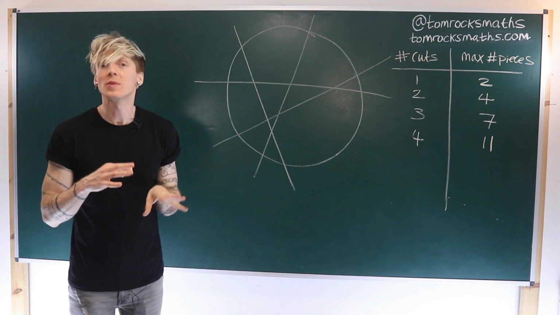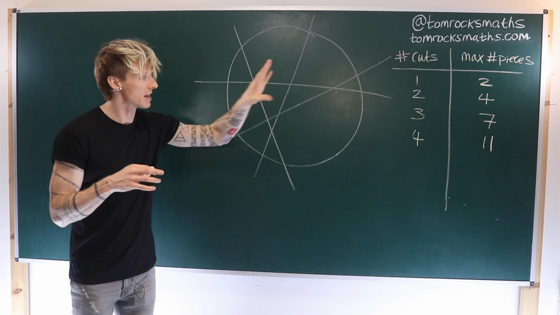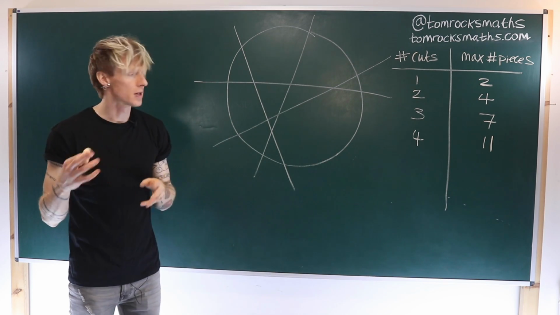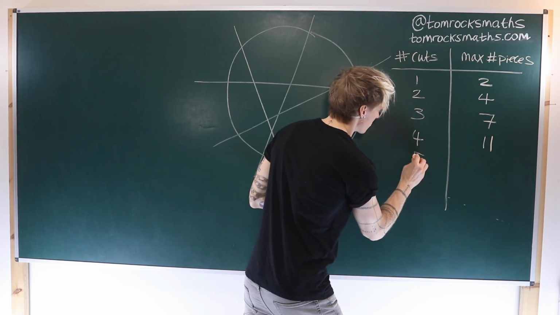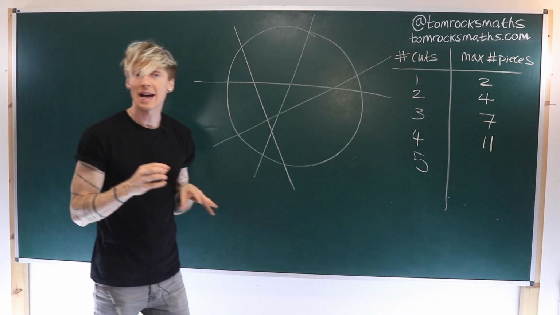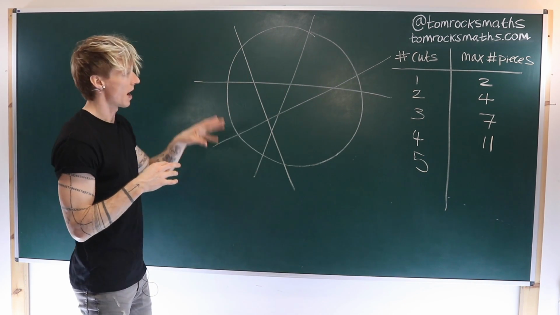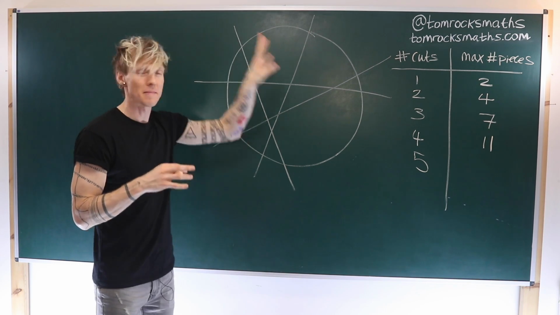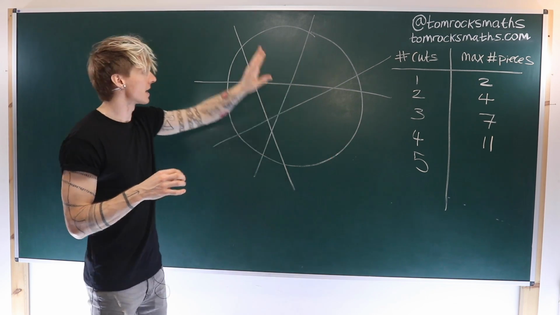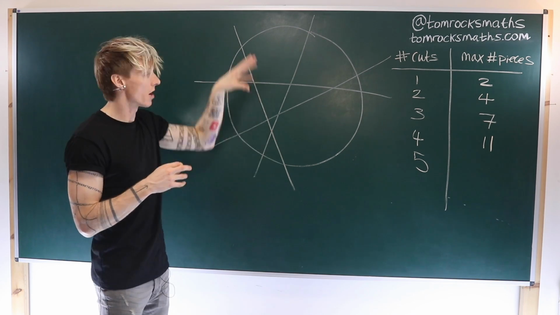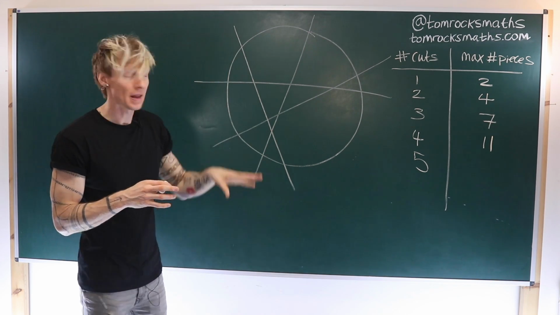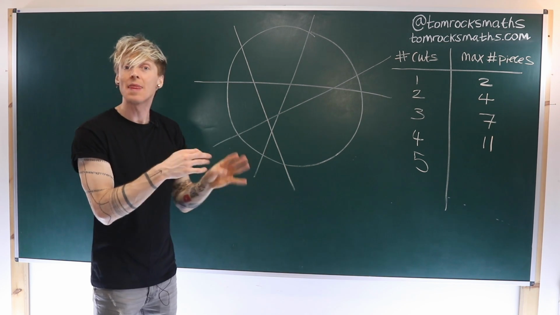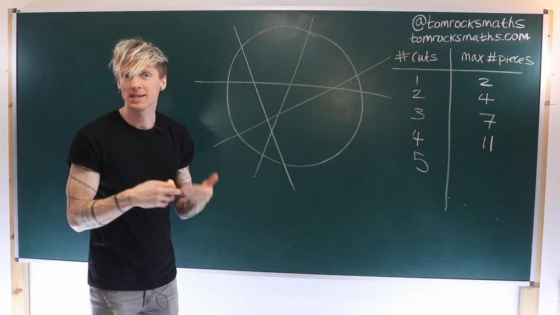And we can continue with this exact same method for n equals 5, 6, and higher numbers. So for example, when n is going to be equal to 5, I need to add my 5th line. Remember, our approach so far says to get the maximum number of pieces, I need to cross as many of these lines as possible, because every time I cross a line, I move into a new region, and therefore I'm dividing up that region.